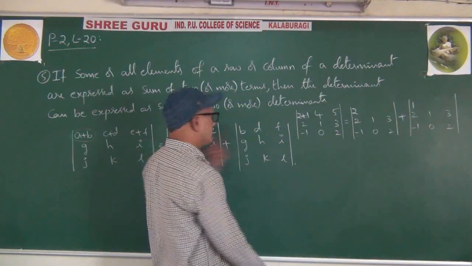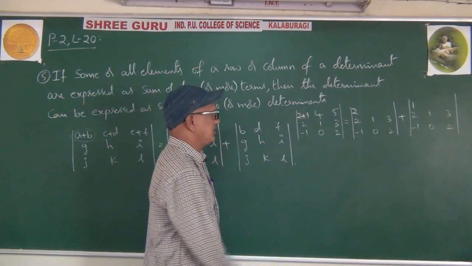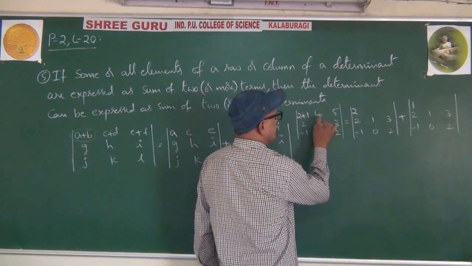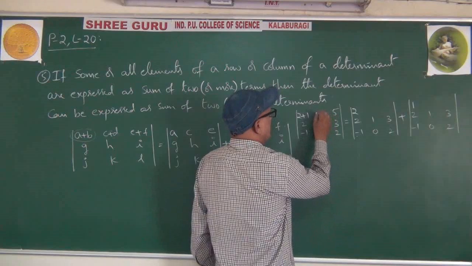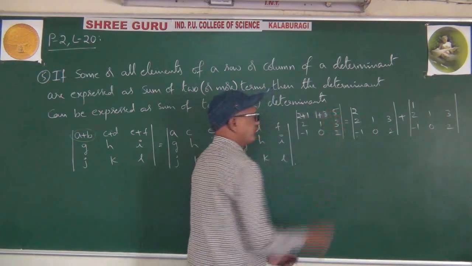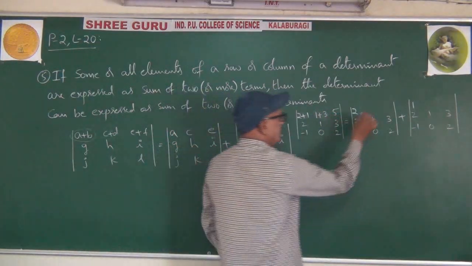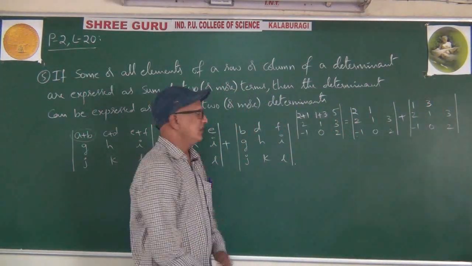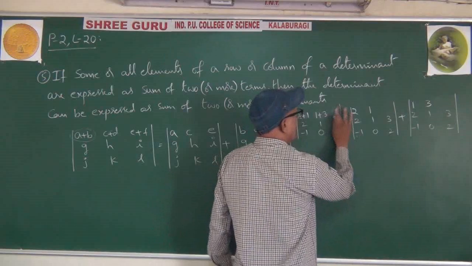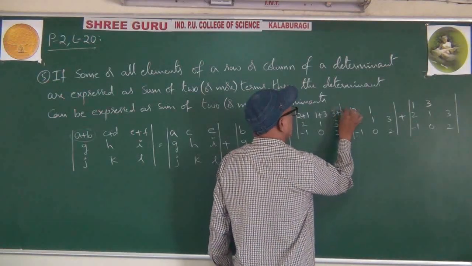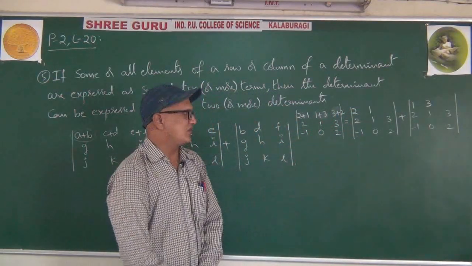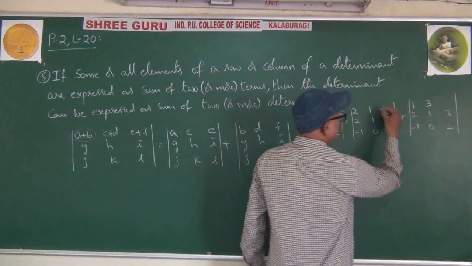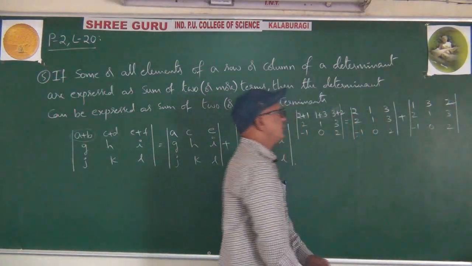Now as per this property, that's what we can write. Here 4 is there, I am writing 1 plus 3: here 1, here 3. Here 5 is there, I am writing 3 plus 2. You can write 4 plus 1 also, no problem. 3 here, 2 here.